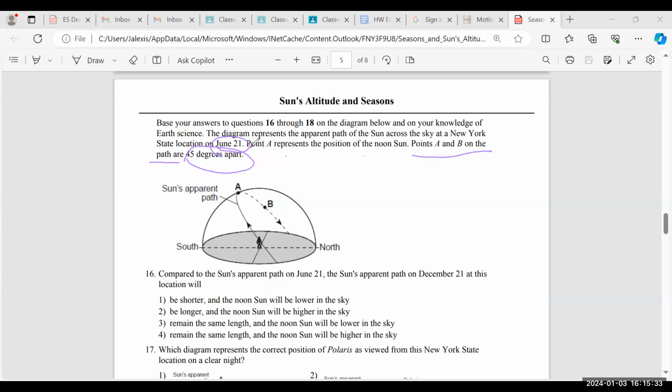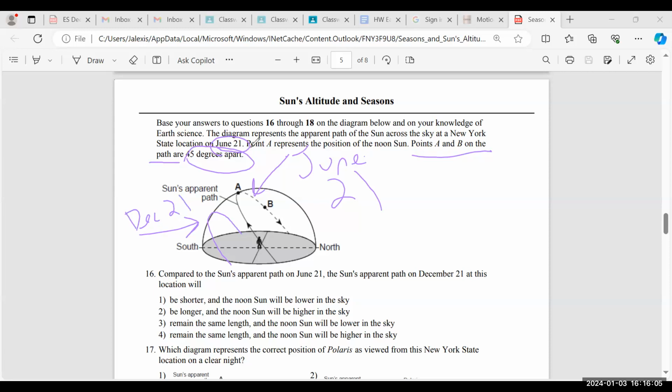All right, number 16. It says, compared to the sun's apparent path on June 21st, the sun's apparent path on December 21st at this location would be 1. So if this path is June 21st, then if this is north and this is south, December 21st is going to have a path like this. How do I know that?